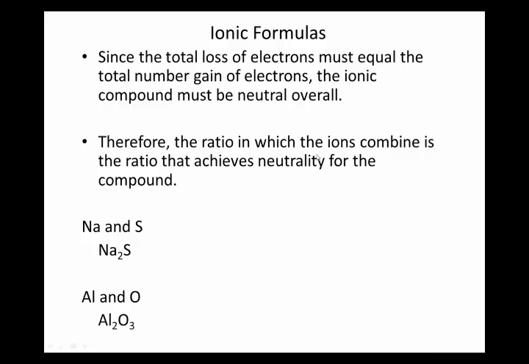What's happening here is we're not making a molecule, right? We're making a big lattice, actually. So when sodium and chloride come together, sodium binds with chlorine, but it's not a molecule.